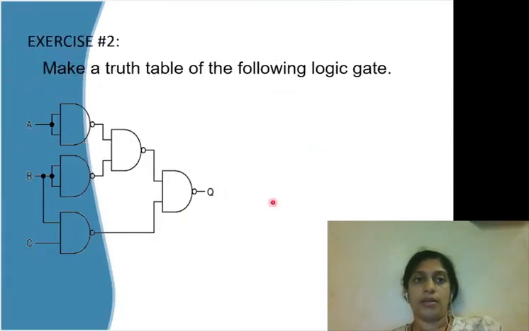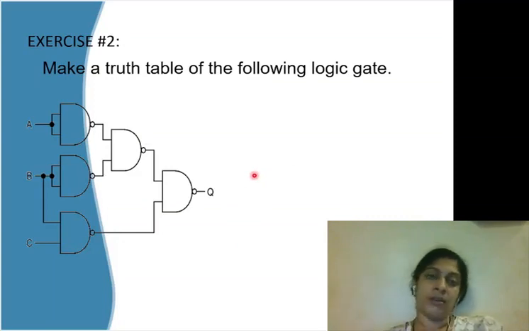And here is another exercise. Take down this circuit also. We will be discussing the output or the truth table values in the next class, and continue with our basics of digital logic and basic electronics.